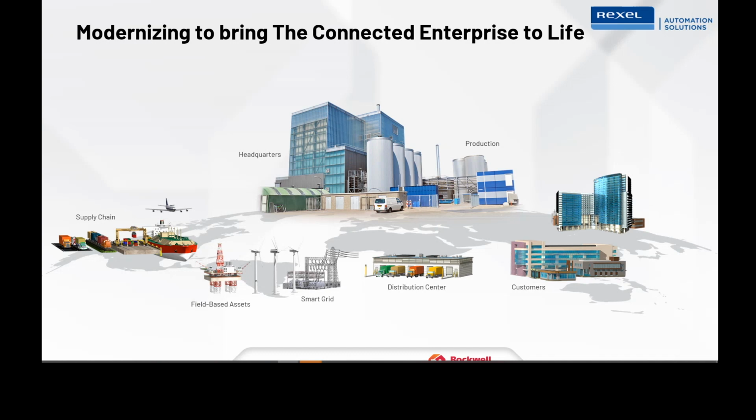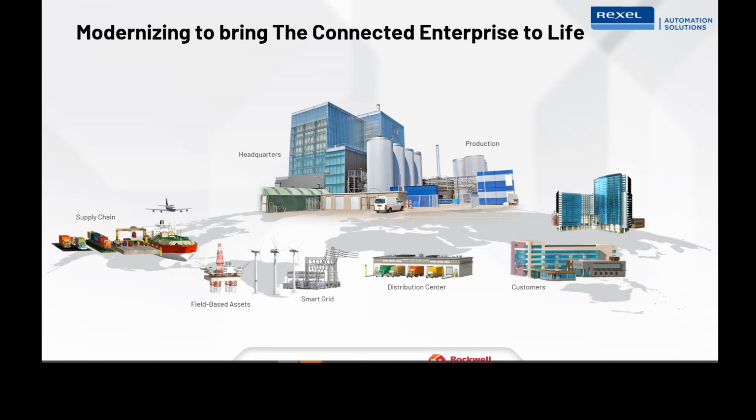One of the things when we talk about the connected enterprise is what we call CPWE, converged plant-wide Ethernet. With our Stratix line of switches from Rockwell, we can easily connect our various automated equipment in a facility, and they're all based on Cisco OSs.